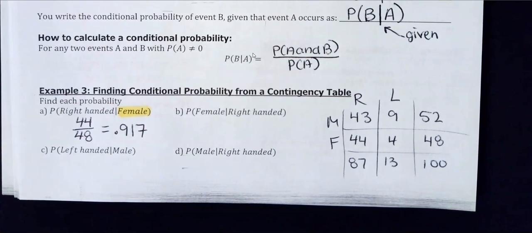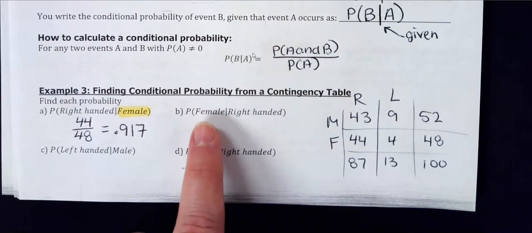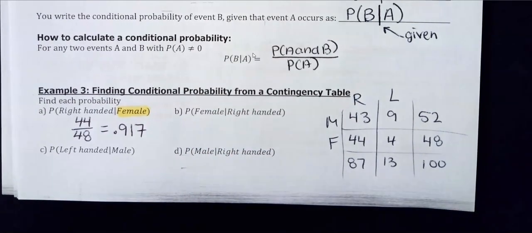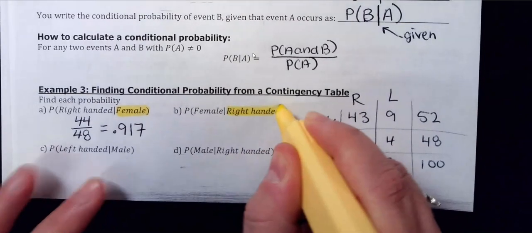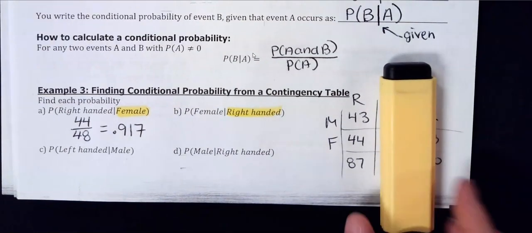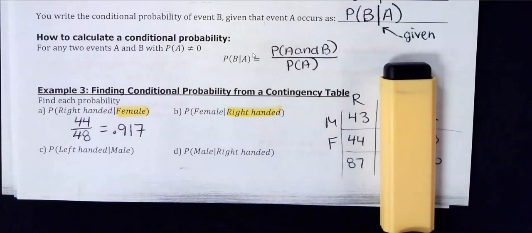Okay. Now, this almost looks like the same question. It says probability that they're female given that they're right-handed. So this is written in a different order, and that does matter. In this case, I'm being told that I have a right-handed person, so I only want to look at that column of the table.